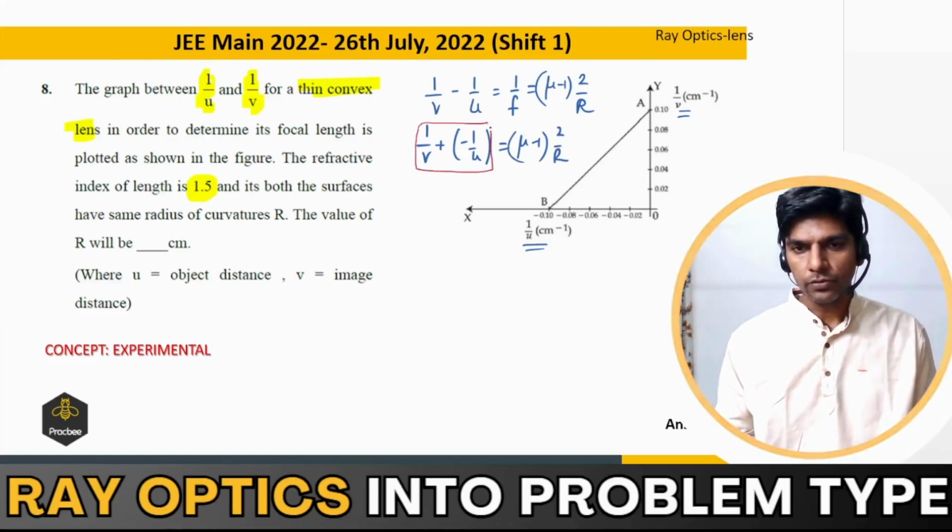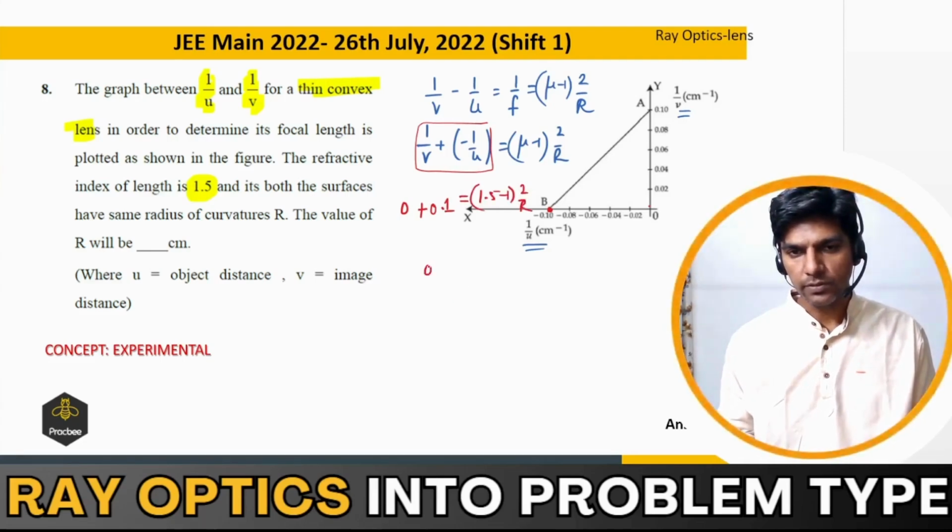Okay. So let us consider one of the cases. If 1 by u is minus 0.1, then what is 1 by v? That will be 0. So if I take this particular value, 1 by v will be 0, and this will become plus 0.1, and it will equal 1.5 minus 1 times 2 by r.